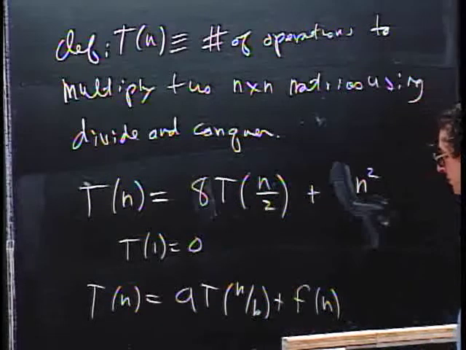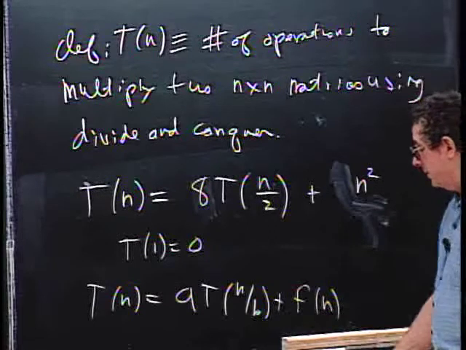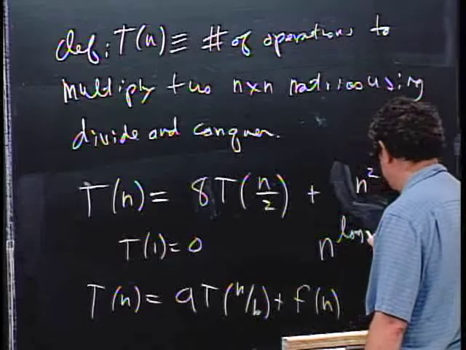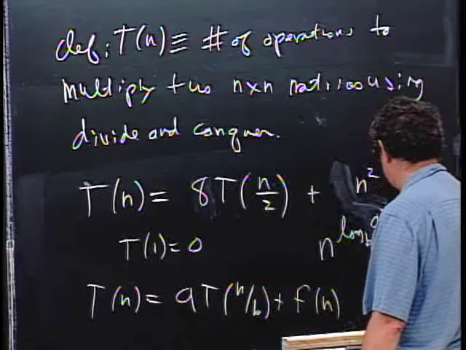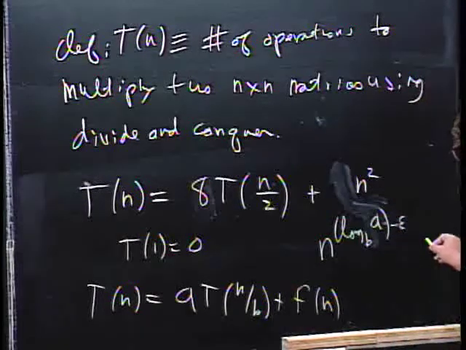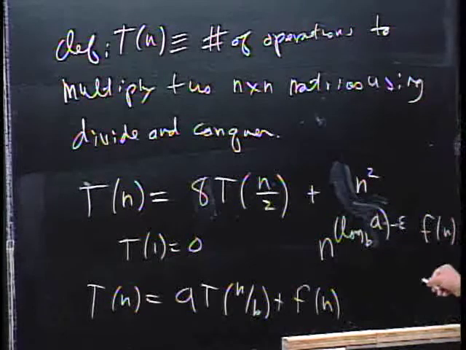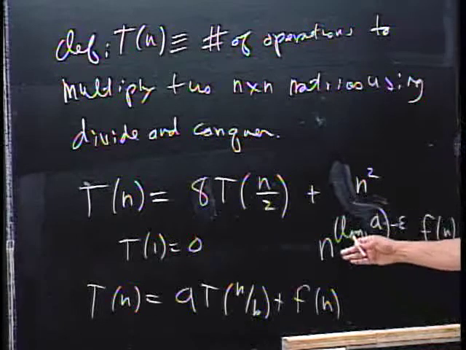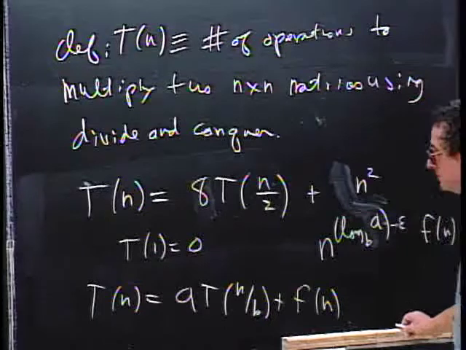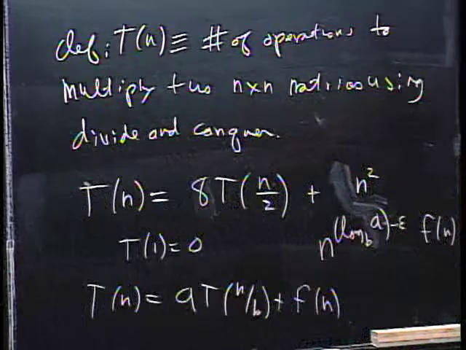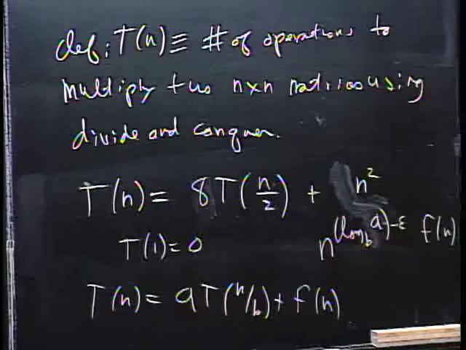And if you remember, the critical thing that you do in the master method is you form n to the log base b of a, and then you subtract a little epsilon there, and you want to compare that to f(n). So we're going to look in a minute at this particular one. How does this compare to f(n)?